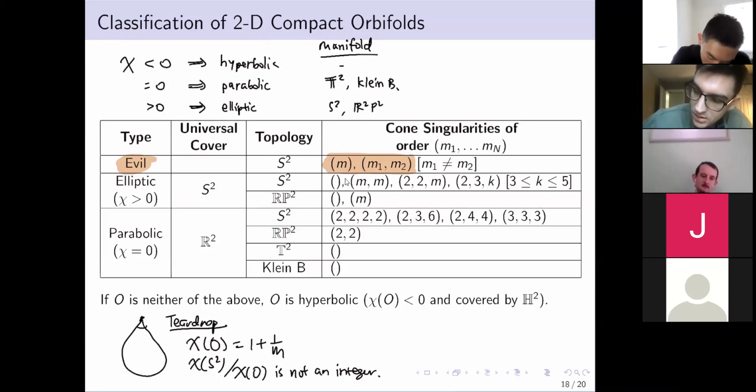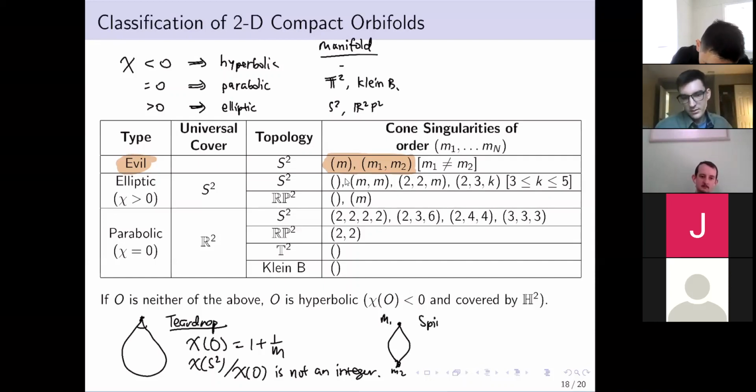The other evil one is where we have two cone points, of order m1 and order m2 over here. This is what Thurston called a spindle. If we compute the Euler characteristic of this, it's going to be 1 divided by m1 plus 1 divided by m2.